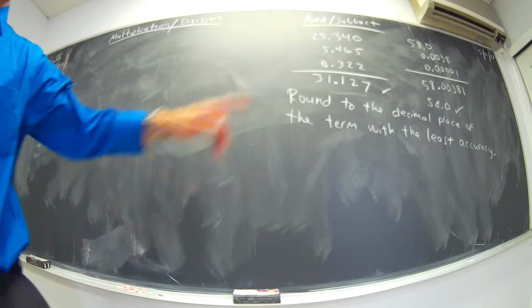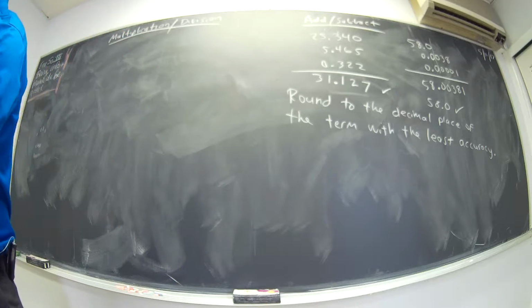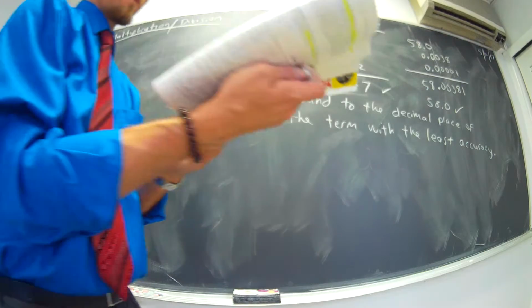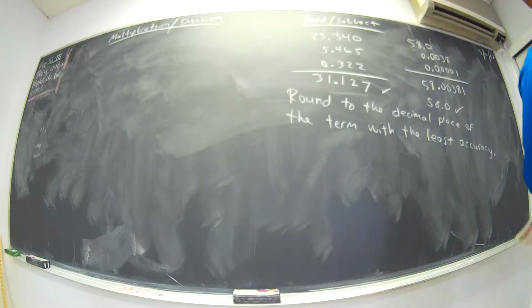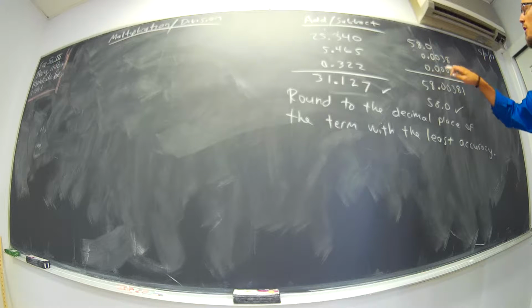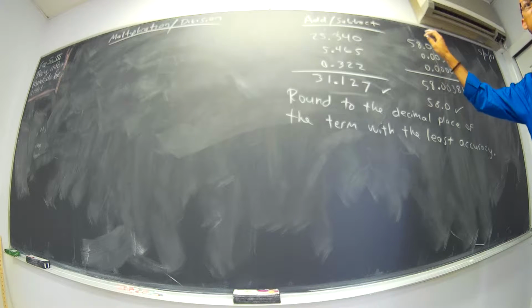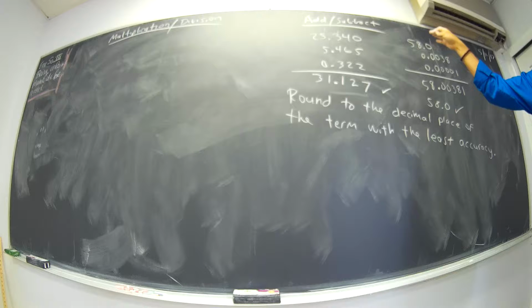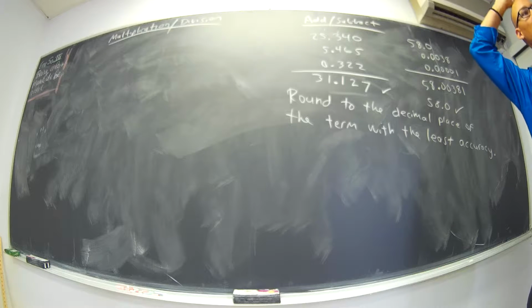Maybe I should do another example just to make sure we're good with addition and subtraction. Can I ask a question? Yes. What if the 58 was in the middle? It doesn't matter. It still would be 58.0. Whichever term is the least accurate is your bottleneck effect.